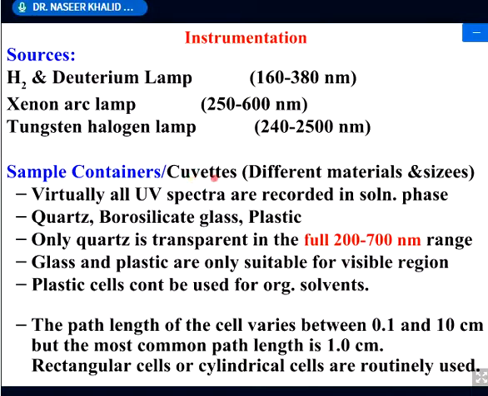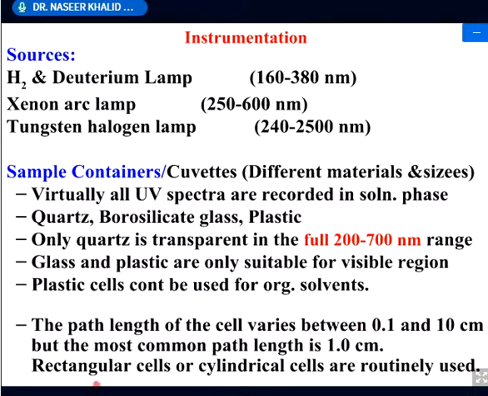These cuvettes, the sample containers, have different materials and different sizes, that is, different path lengths, the path the beam of radiation travels through the cell. The cell thickness can vary from 1 to 10 centimeters. The most commonly used path length is 1 centimeter.